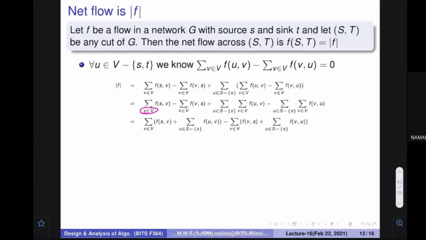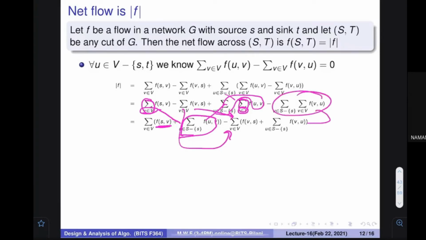For all the v's which are here, if I take this summation and these terms out, f_sv plus, apart from s, the summation of f_uv, okay, I can write this. I can combine these two things over here. Similarly, I can take this term over here, the second term is over here, and take this particular summation term, this summation term out. Okay.